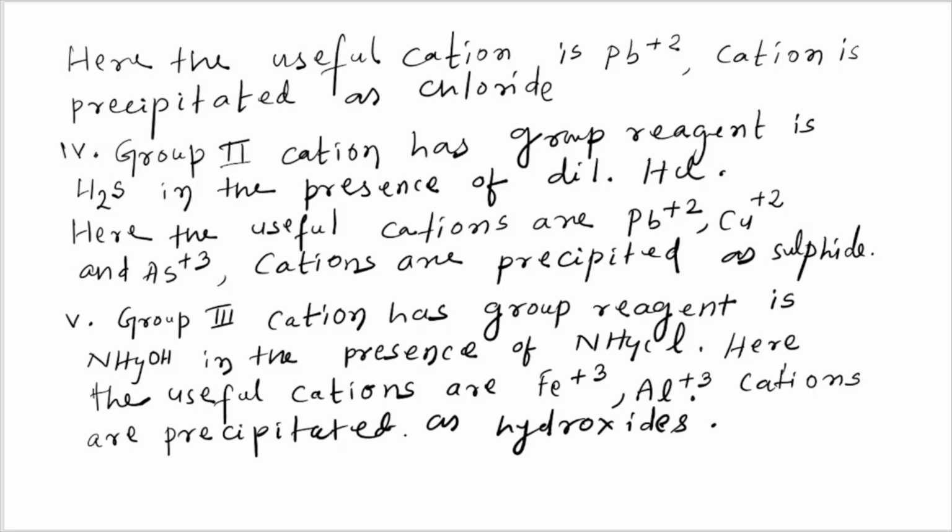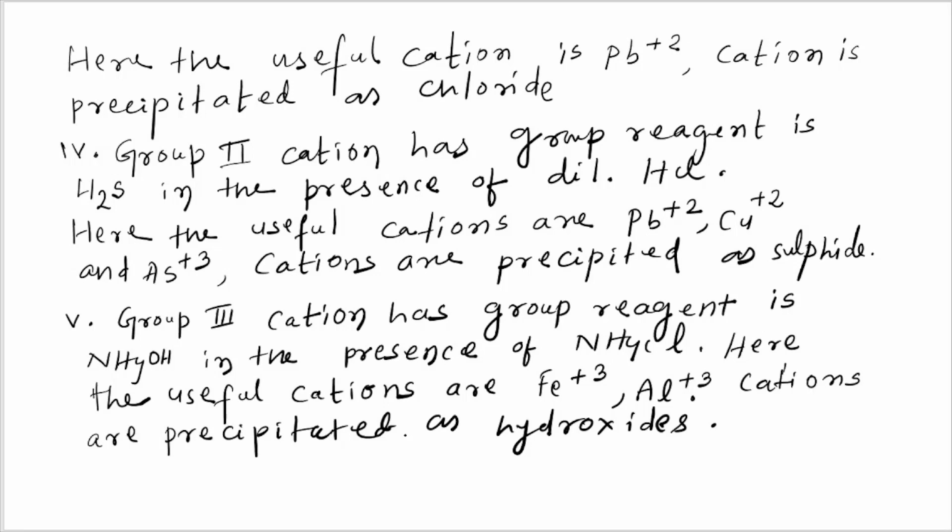Now, group 3 cations have the reagent ammonium hydroxide and ammonium chloride. You add ammonium chloride, then excess ammonium hydroxide. The useful cations you can observe are Fe plus 3 and Al plus 3, which give hydroxides as precipitates.